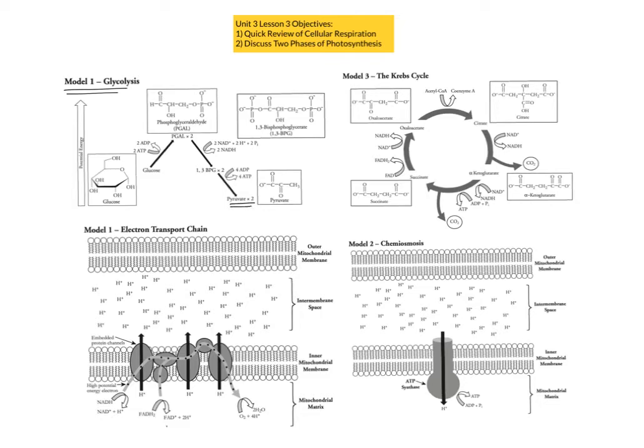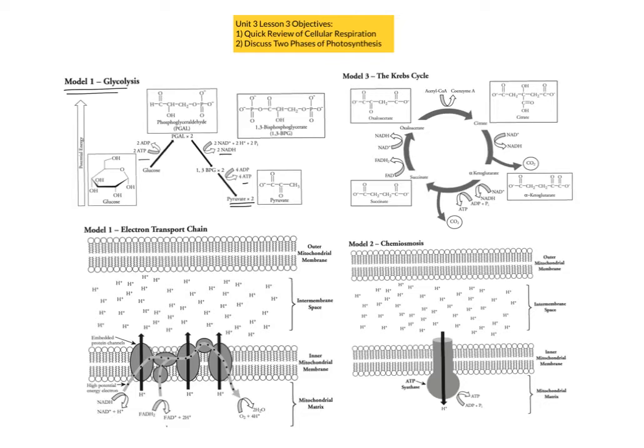Now, throughout the conversion of glucose into pyruvate, we have to use a little bit of ATP, but in the process, we gain some NADH, which are these high energy electron carriers, and some ATP as well. And so overall, we have a net gain of 2 ATP and 2 NADHs.